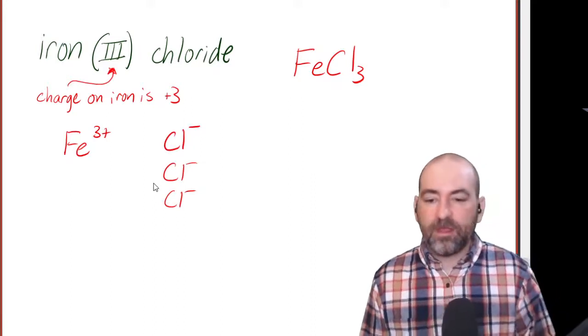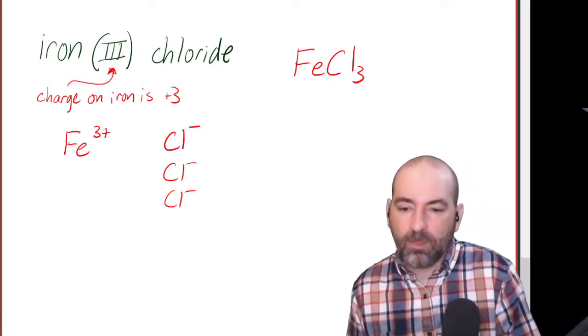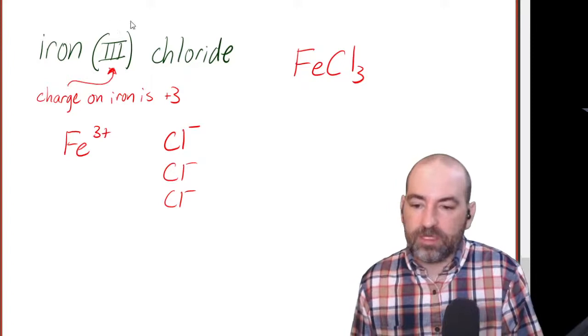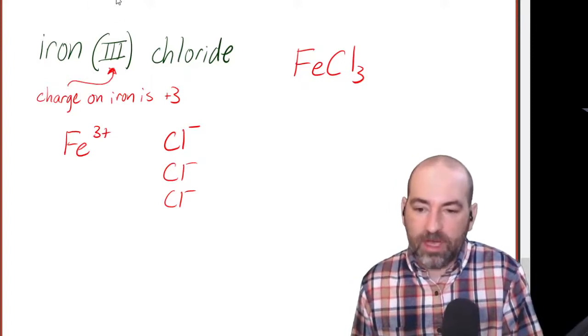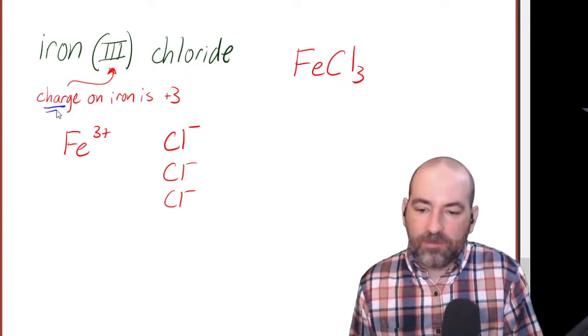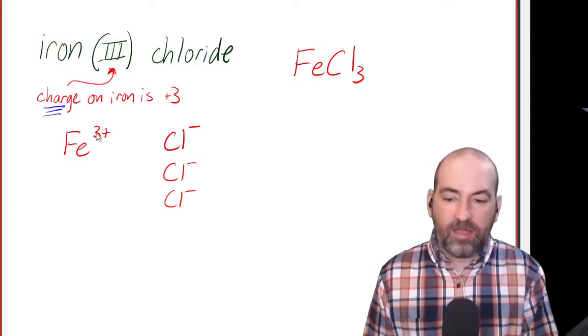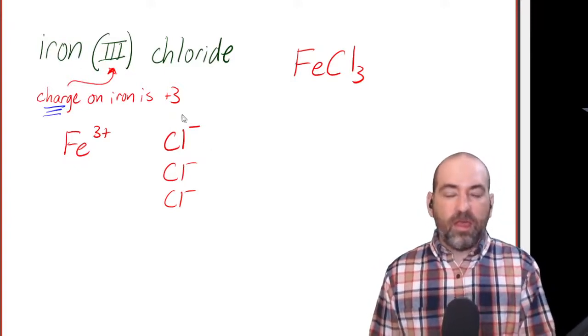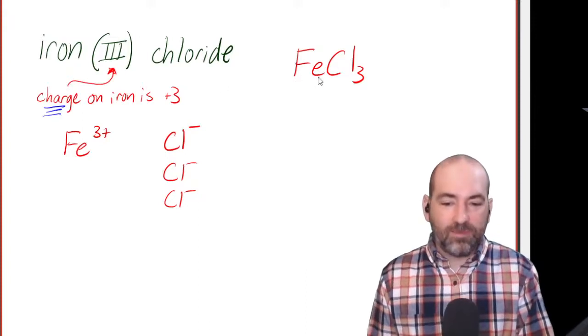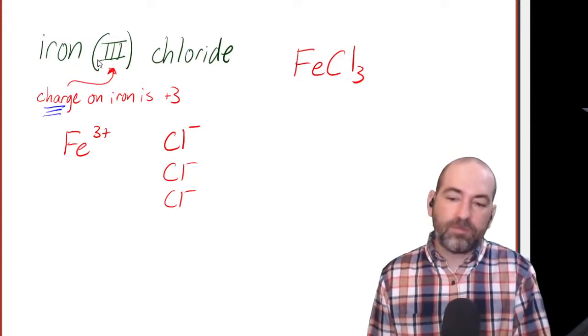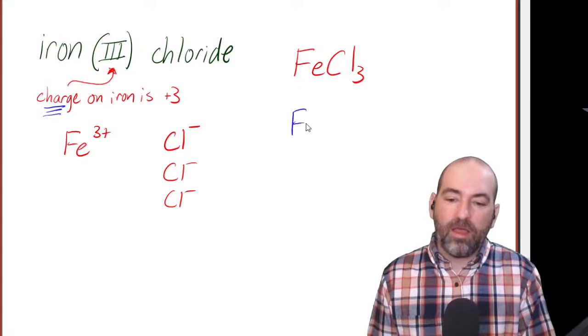And one tricky thing to remember here, not really tricky, but just a common mistake, is that the Roman numeral only gives you the charge on the ion. You still have to do the balancing. Everybody always wants that to mean subscript. Everybody wants it to be like, oh, iron 3 chloride, it must be FeCl with a 3.